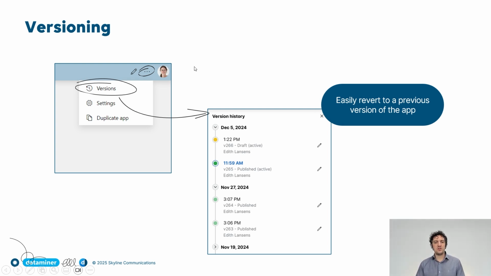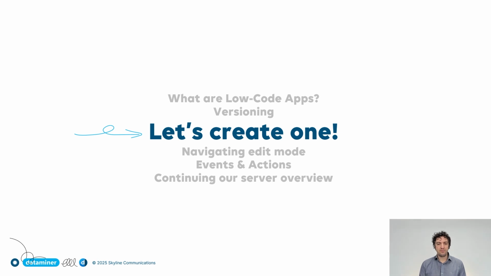If you have multiple versions already, you'll see you have some history here, published versions in the past, but you'll also have, for instance, a draft, which is nicely shown in yellow, and you'll have your active version, which is the one highlighted here. So you can actually click those versions and easily revert to a previous version on the app to work on that one if you made a mistake.